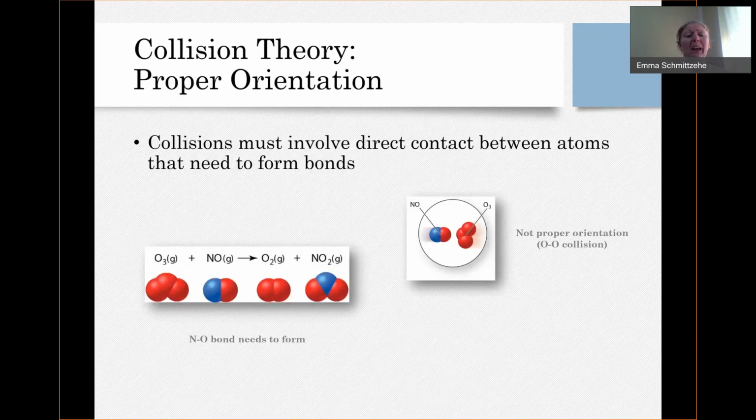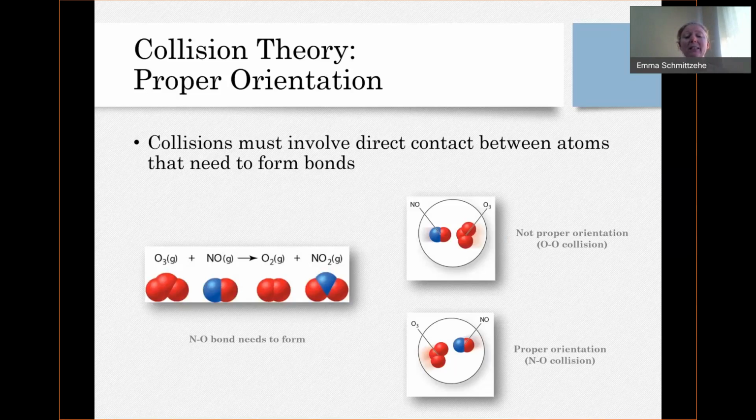We need to form an NO bond. So that would not have the proper orientation. So even though you probably have lots of those collisions occurring in the reaction mixture, those collisions don't do anything. Okay, so it's not a successful collision because it does not have the appropriate orientation.